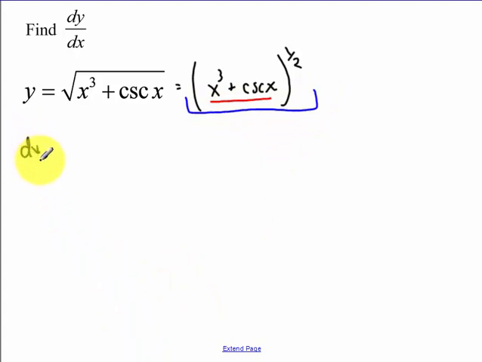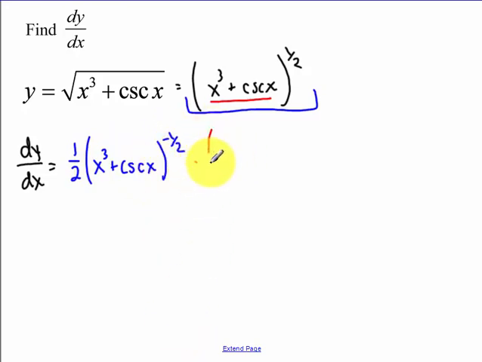So dy/dx in this case is equal to the derivative of the outside function, times the derivative of the inside function.